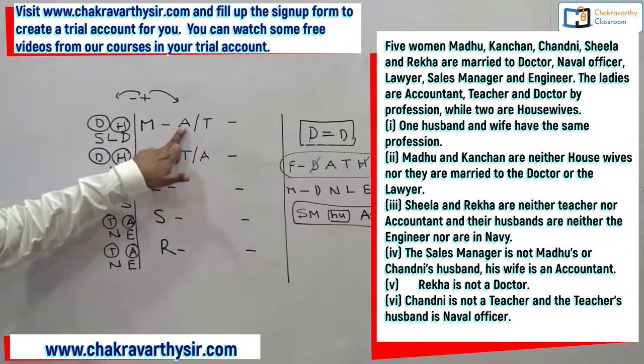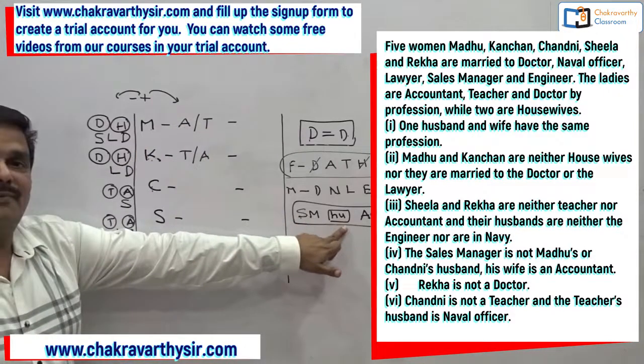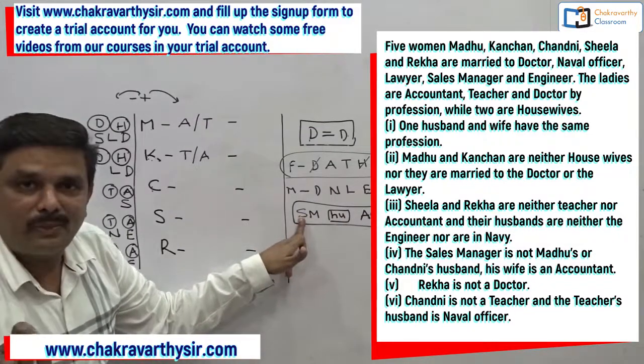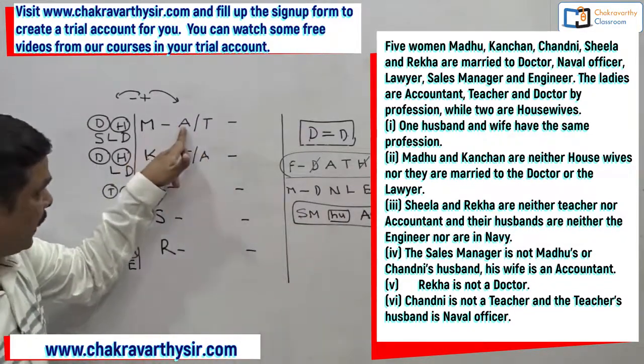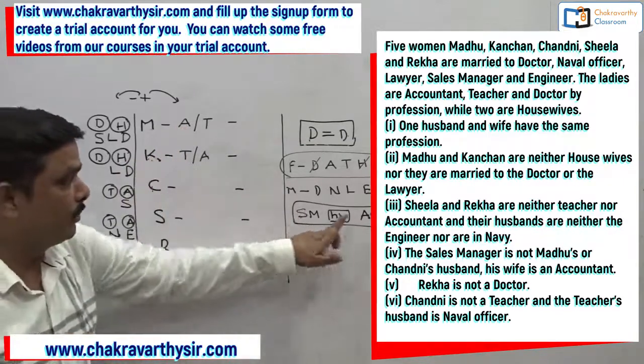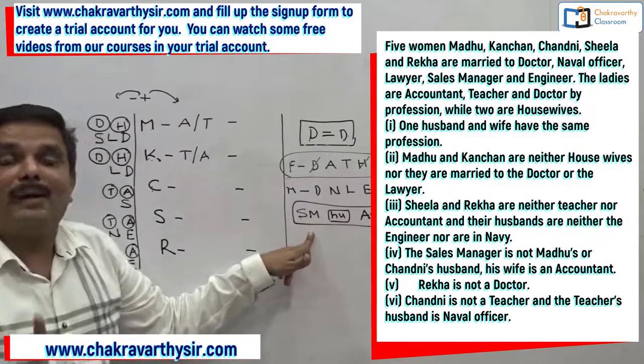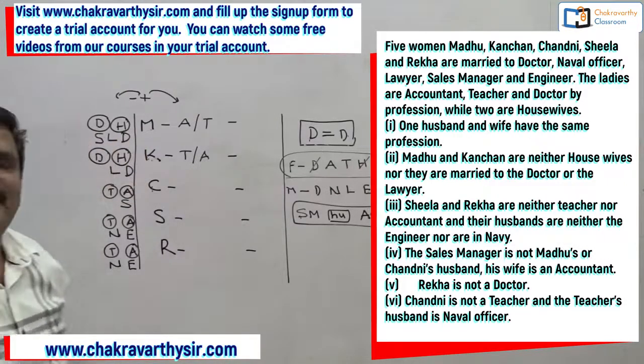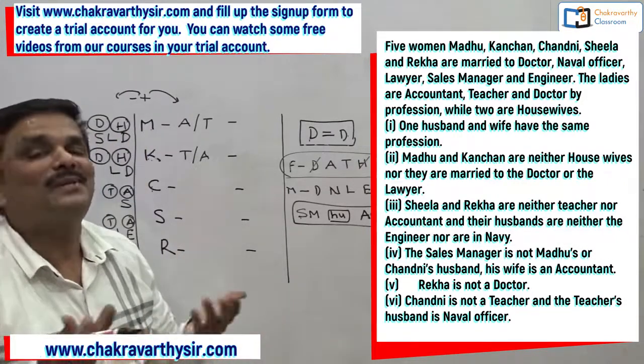If Madhu is an accountant, according to this information, her husband should be sales manager. Yes or no? If Madhu is an accountant, her husband should be sales manager. But very clearly they have given Madhu's husband is not a sales manager. What's the meaning of this?